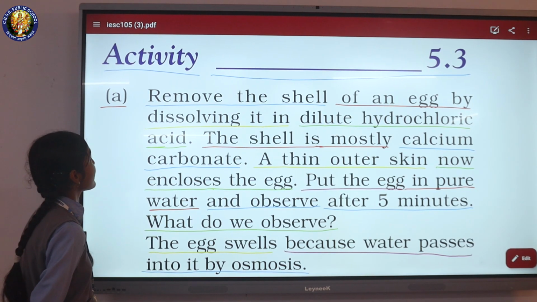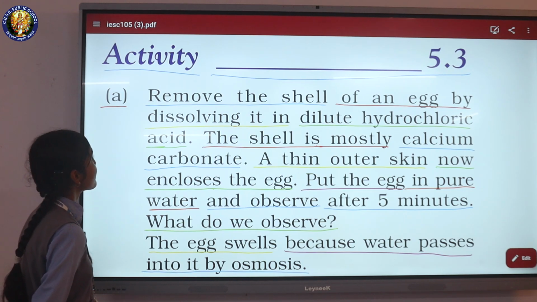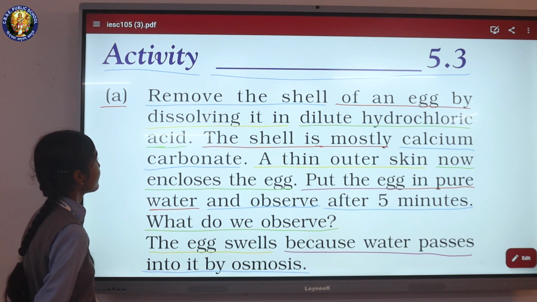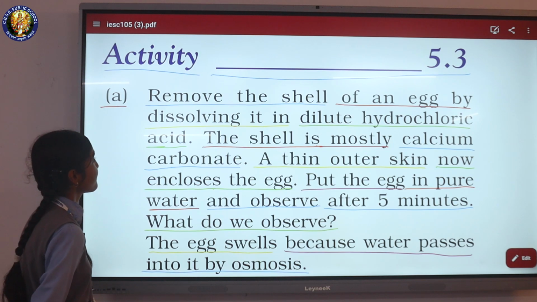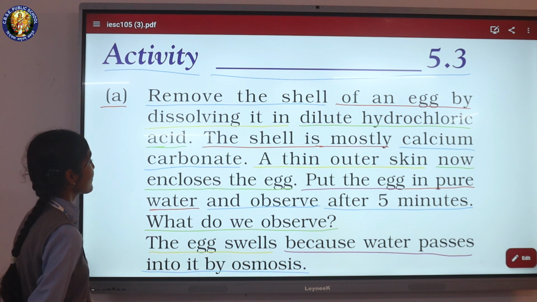Activity 5.3. A. Remove the shell of an egg by dissolving it in dilute hydrochloric acid. The shell is mostly calcium carbonate.